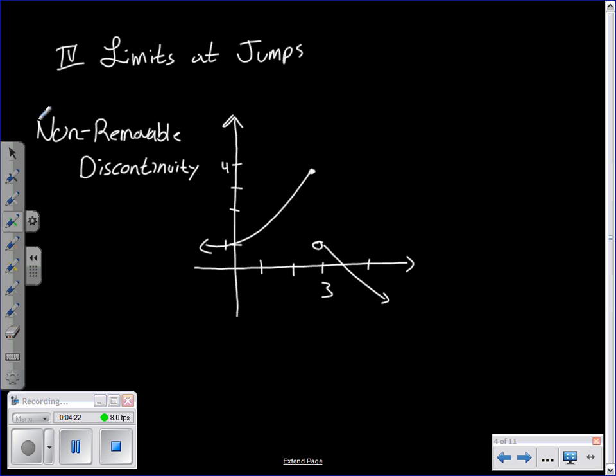As I go closer and closer to x equals 3, my y values are getting closer to 4 from the left-hand side and 1 from the right-hand side. Since they're not converging to the same spot, I'm going to say that the limit as x approaches 3 for my function f of x does not exist. You can write that as DNE. My limit doesn't exist because my y values are approaching two distinctly different values.